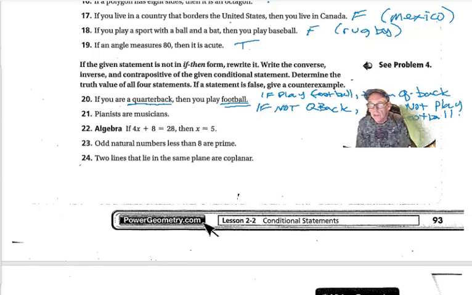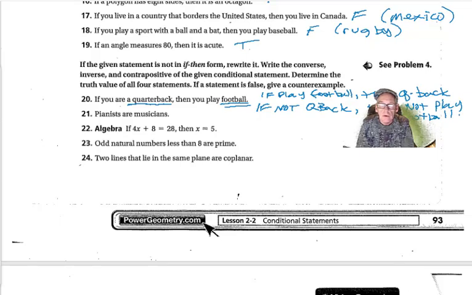The inverse: if you're not a quarterback, then you don't play football. That's not necessarily true either. You could be a halfback, you could be a lineman. You're not a quarterback, but you could still play football. That's also a false statement. Now we want the contrapositive. You flip them and make them opposite.